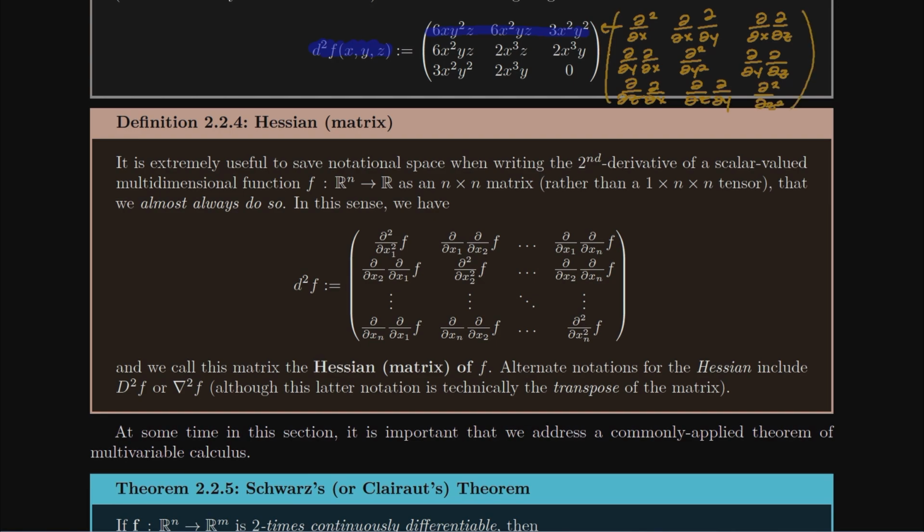Right? This is all combinations of second derivatives. All combinations. And now they're in a matrix where all of the terms are a little bit more neatly oriented.